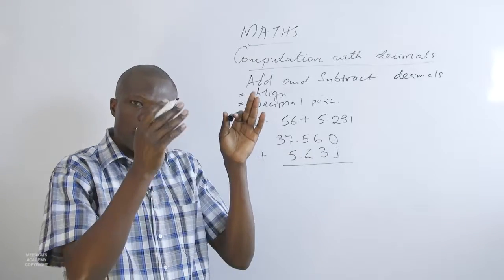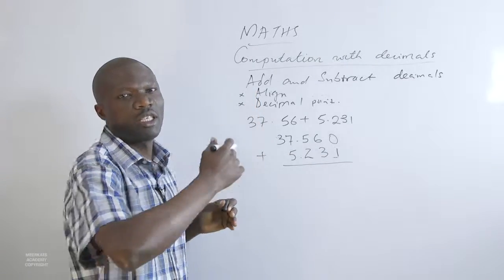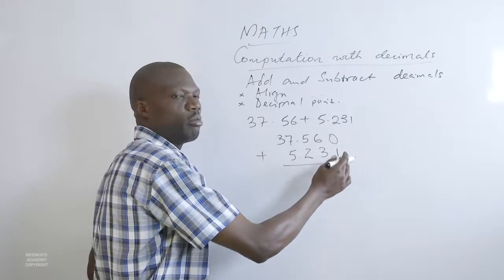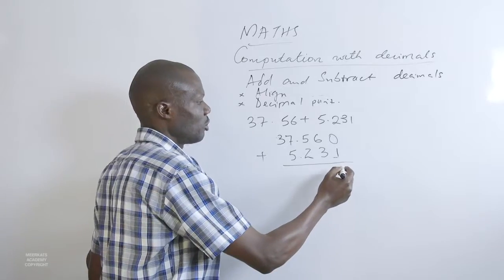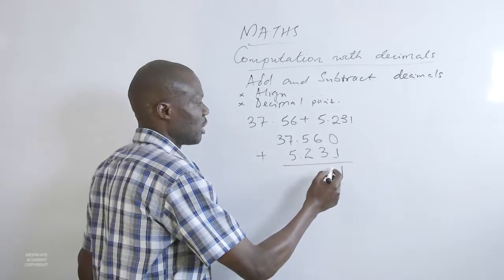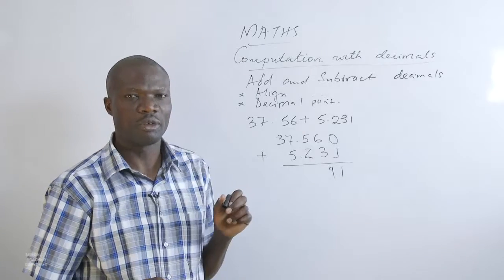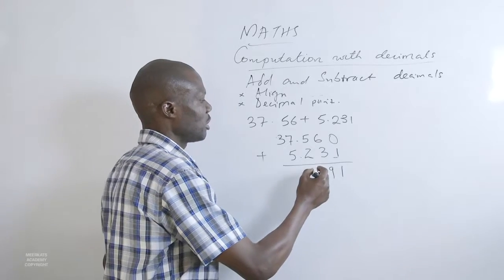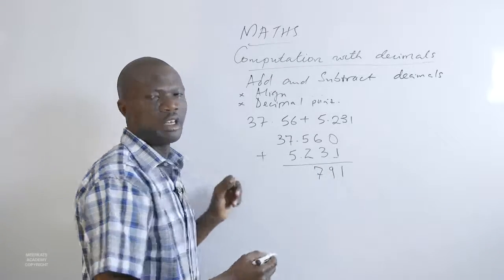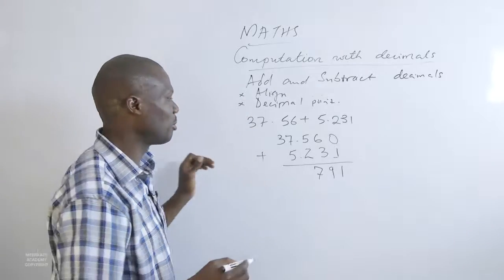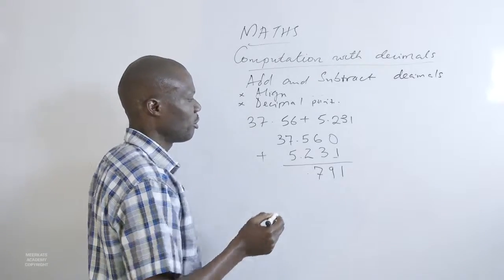We add in column form starting from the right to the left. So 0 plus 1 is 1. 6 plus 3 is 9. 5 plus 2 gives us 7. The decimal point remains aligned.